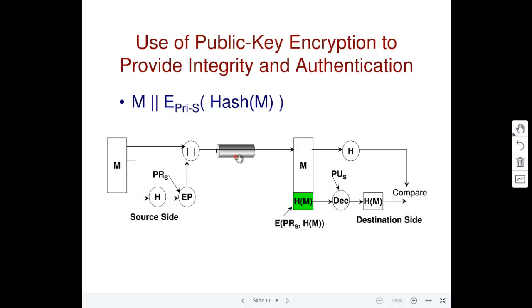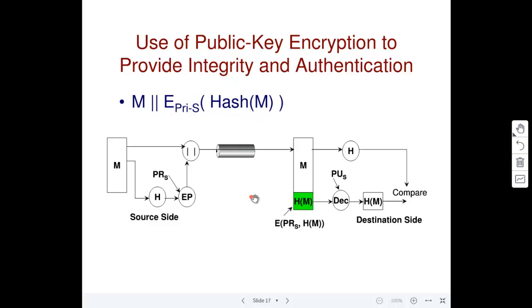If someone is listening to the channel and modifies the message, they can of course compute the hash value of the new message also, but they cannot encrypt that hash value with the private key of the sender, because only the sender knows its private key. Some third party who is modifying the message cannot use the sender's private key to encrypt the hash value.